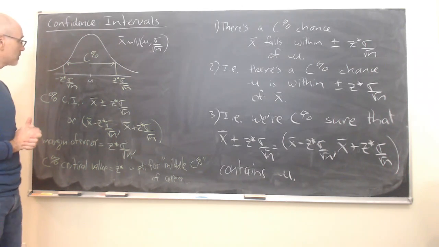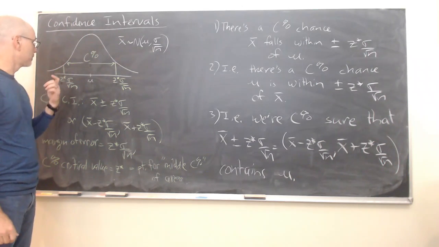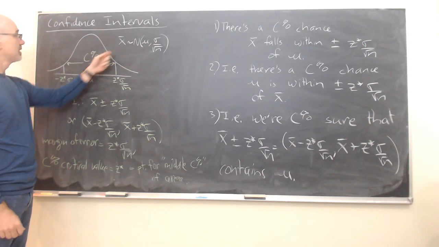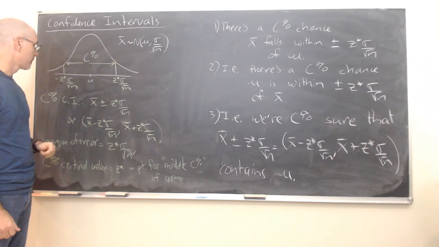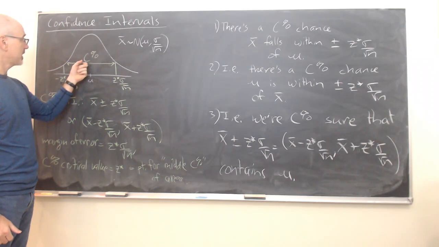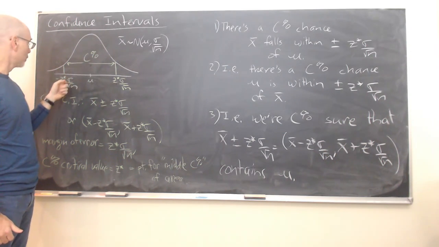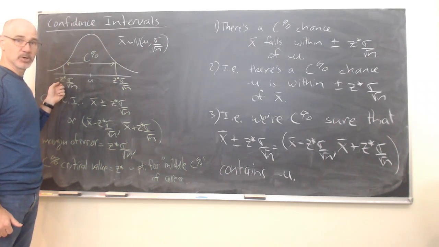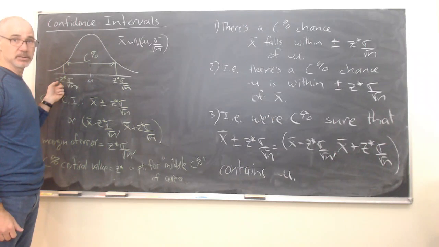Okay, so we have this setup for the normal distribution for our sample mean x bar. And one way to interpret this setup is that there's a C% chance that x bar would land within Z star times sigma over root n of the true mean mu.